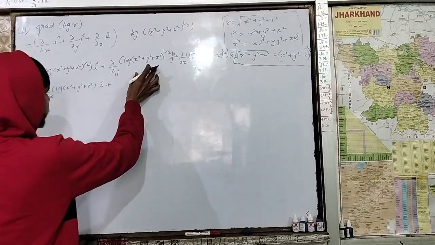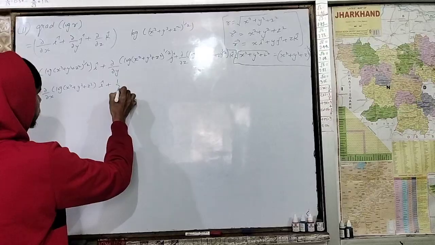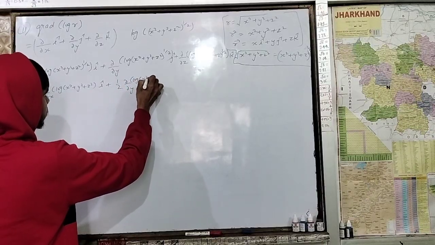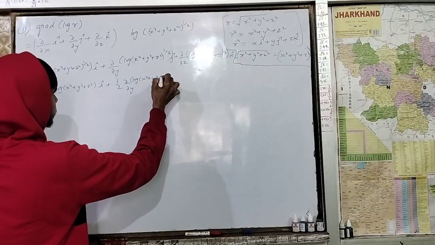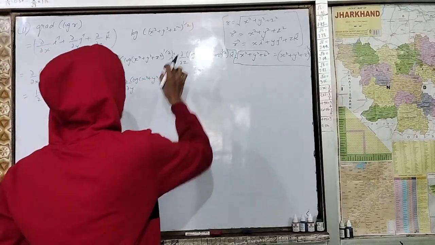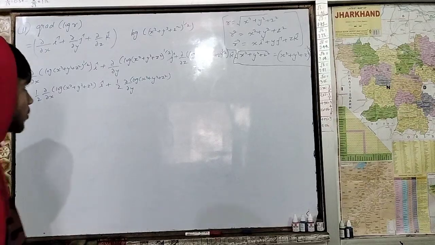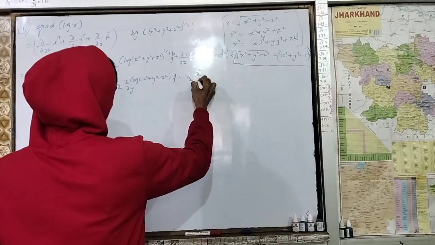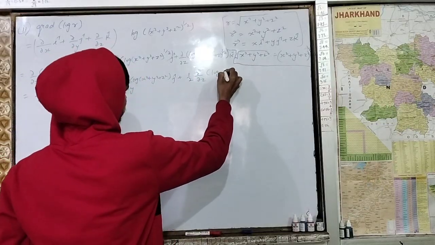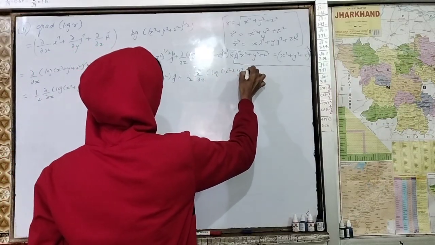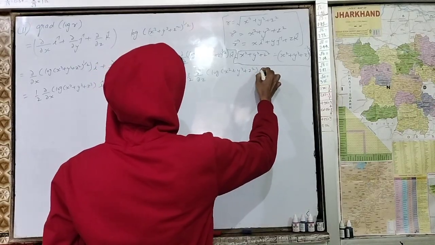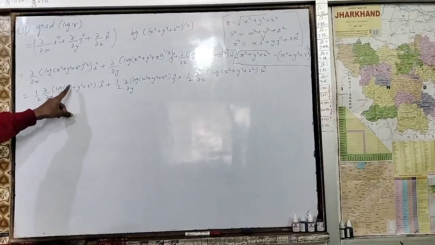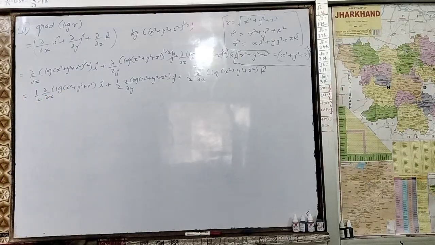The same will happen with this: 1 by 2 d upon dy log of x square plus y square plus z square, along j cap, plus 1 by 2 d upon dz log of x square plus y square plus z square, along k cap. Now let's differentiate this x square by dx. What will we get?